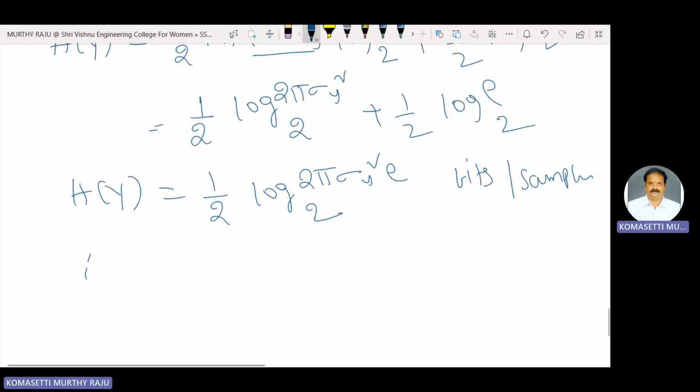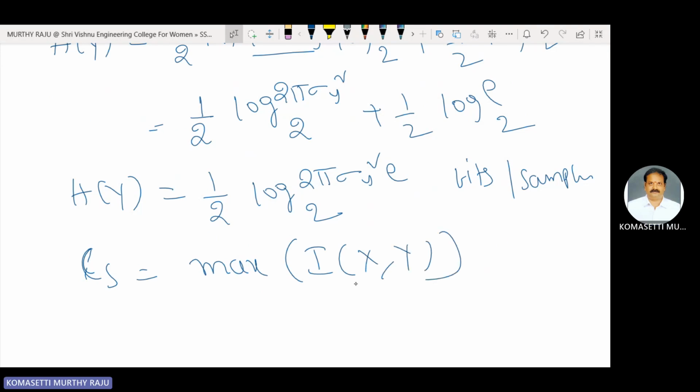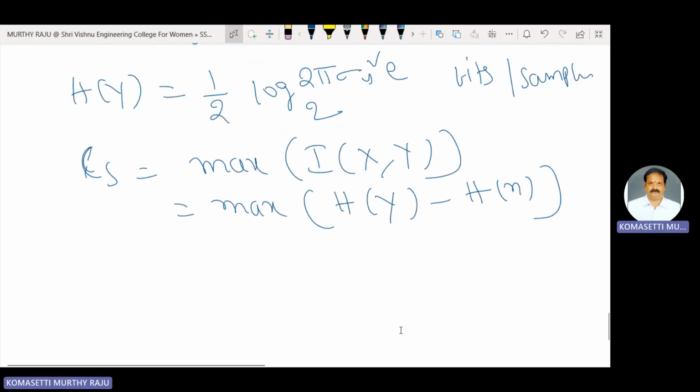But CS is equal to maximum of I of x comma y. That is equal to maximum of h of y minus h of n. H of y is here.